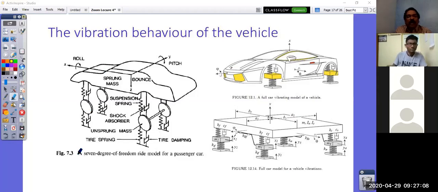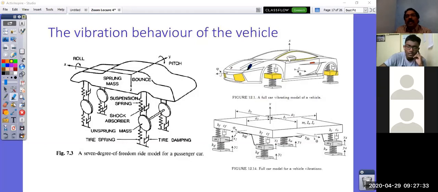And this figure 7.3 represents a 7-degree-of-freedom ride model of a passenger car, wherein the front axle is independent. So independent suspension, rear is solid axle suspension. So you will have here these two unsprung mass bounce, and you'll have this axle bounce as well as roll, right?